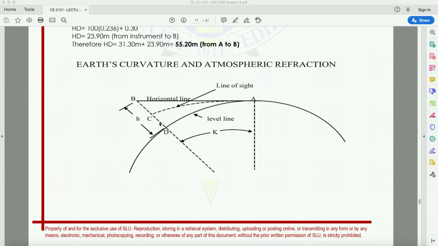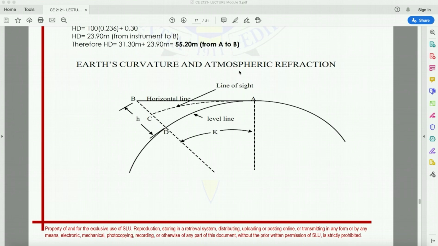It is the distance between point B and D. Because we thought that what we are seeing is horizontal, but in reality it is not horizontal because the Earth is not flat. So that is the effect of the Earth's curvature, and since the Earth is not flat, we have a vertical error.